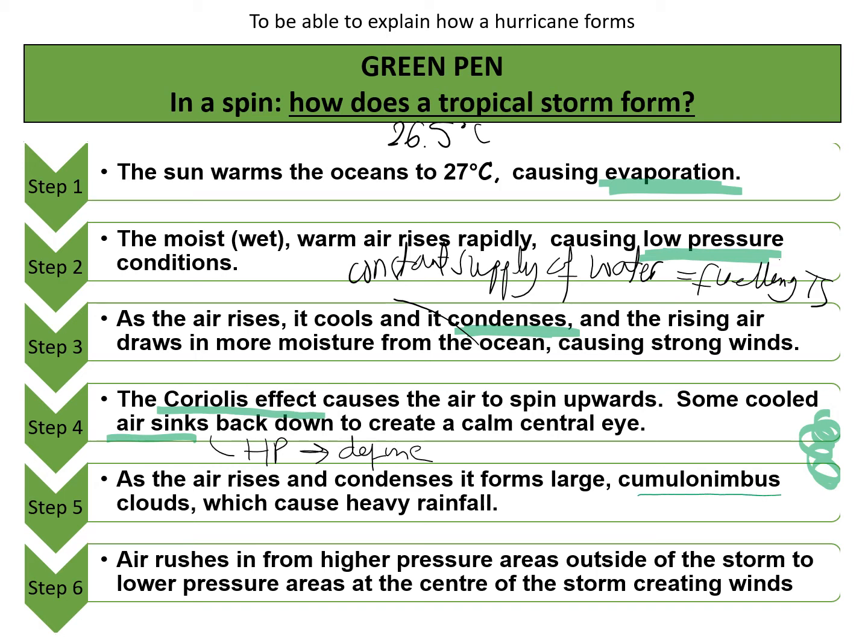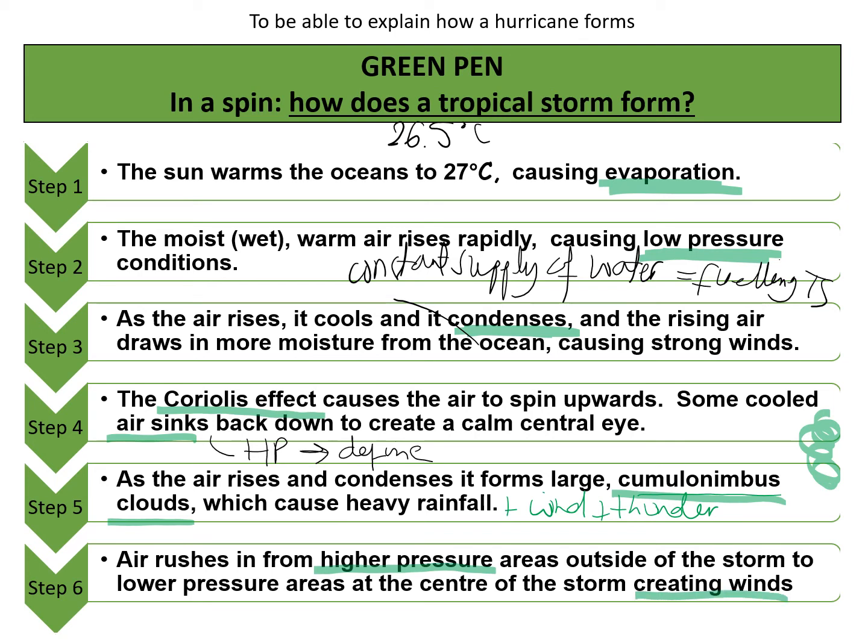So making sure you know what a cumulonimbus cloud is, which causes heavy rainfall, and actually, let's go further than this, wind and thunder sometimes. Okay. And then air rushes in from high pressurized areas outside of the storm to low pressurized areas at the center of the storm, creating winds.